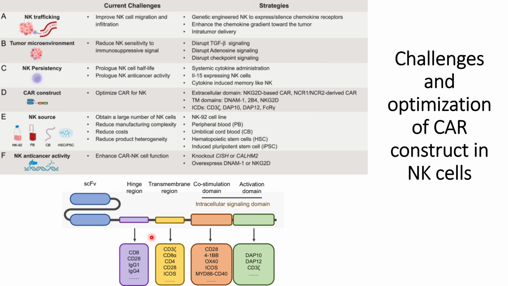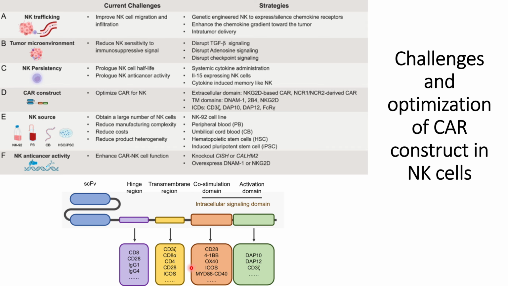The changes lie in the transmembrane domain. In T cells, domains such as CD3 zeta, CD8, CD4, and CD28 can be used, whereas in NK cells, the DNAM-1, 2B4, or NKG2D transmembrane region can also be used.